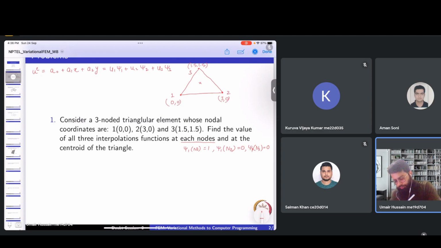So we substitute for node 1; we only have a0 left, so we have u1.